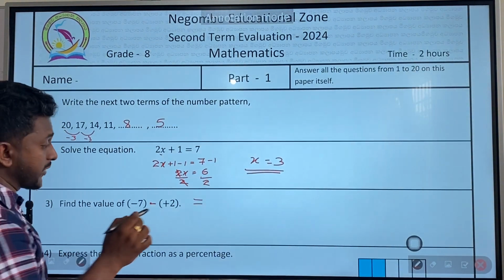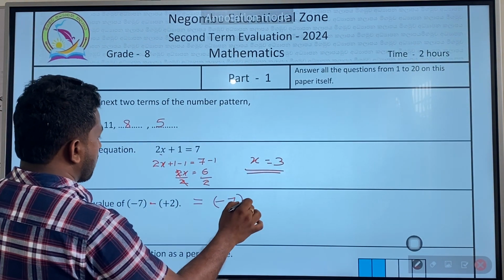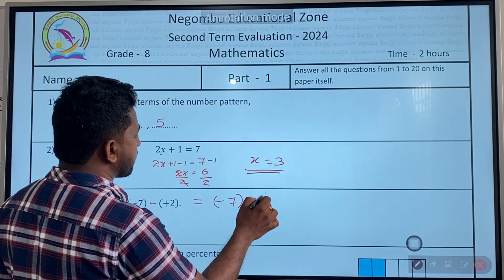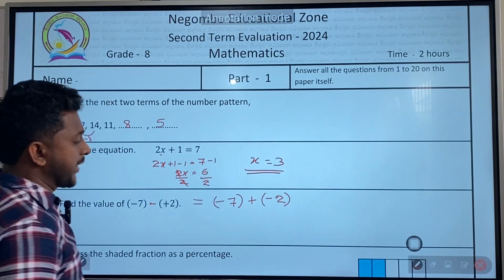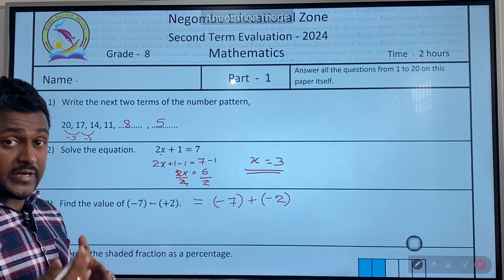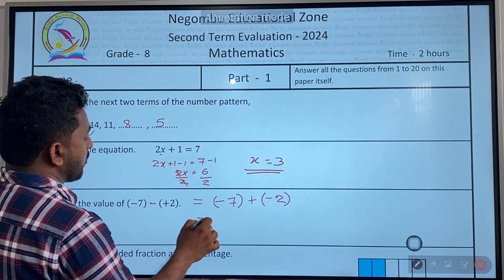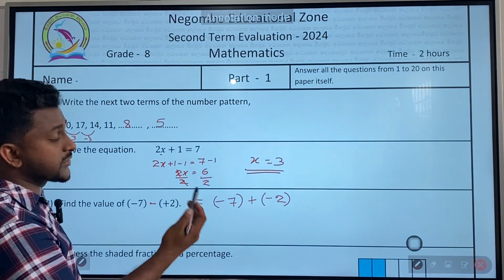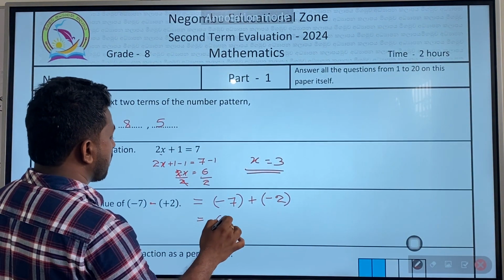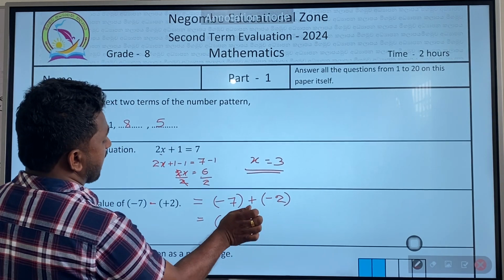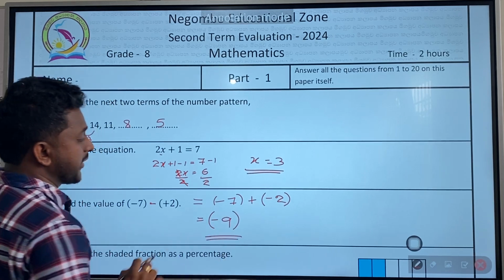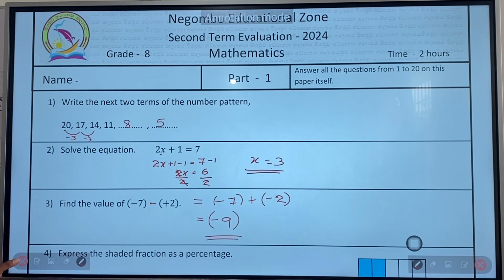So minus 7 plus the additive inverse of plus 2, which is minus 2. Additive inverse means we change the sign of the value. Now minus 7 plus minus 2: both are minus values, so we add them. Minus 9. The answer is minus 9. Right, that is the answer.